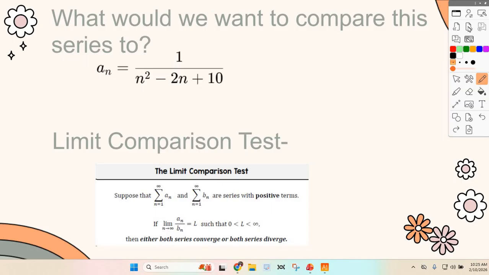So looking at a sub n, okay, what would we want to compare this series to? Yeah, that's what we want to compare it to, but notice what's a little bit different about this one than the ones that we've previously been looking at. There's another n, right?